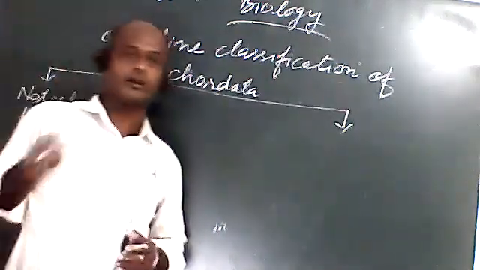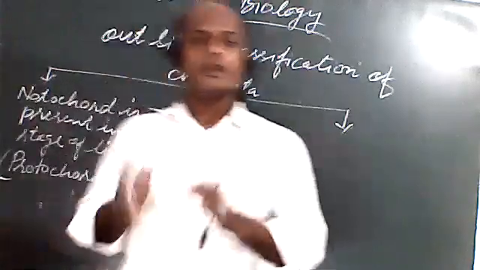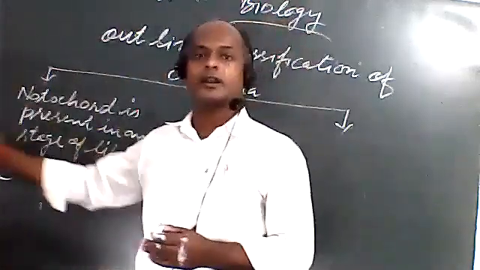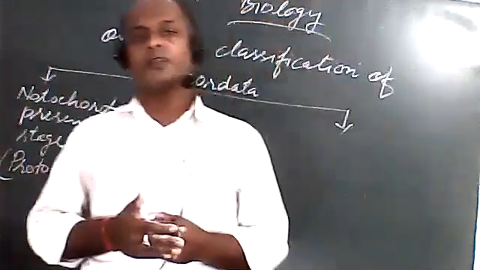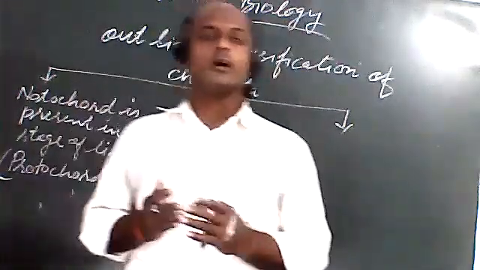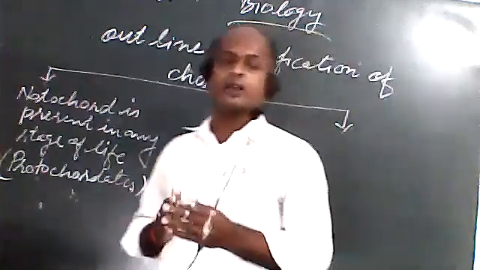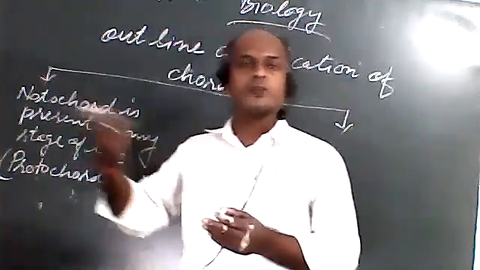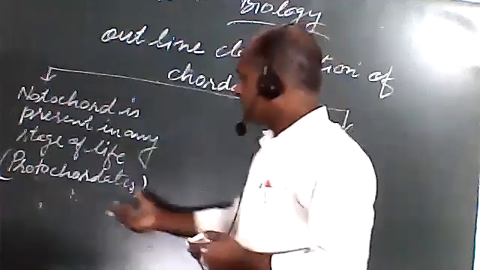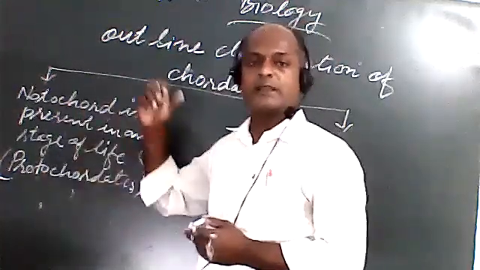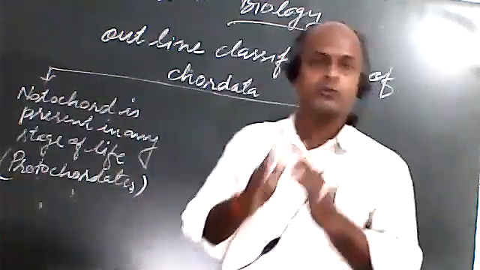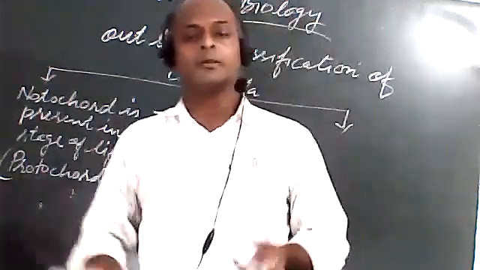In your book, in 11th, it is given as subphyla: Urochordata, Cephalochordata, and Vertebrata. Three subphyla are given, but two subphyla, Urochordata and Cephalochordata, are considered protochordates, which you studied in class 9. These protochordates have the characteristic of notochord, but that notochord is not well developed.